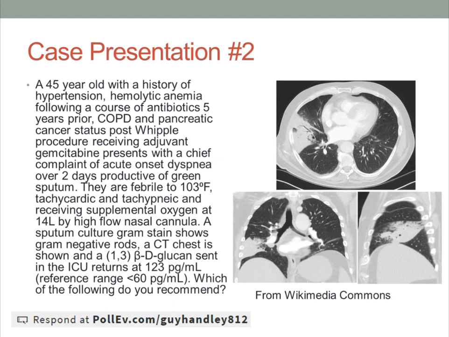He's febrile to 103, tachycardic, tachypneic on high flow nasal cannula at 14 liters, sputum culture gram stain has gram negative rods, CT chest is shown, and a 1,3 beta-glucan is sent in the ICU, comes back at 123 picograms per milliliter, and you, the ID fellow, are called overnight saying, what do you want to do?